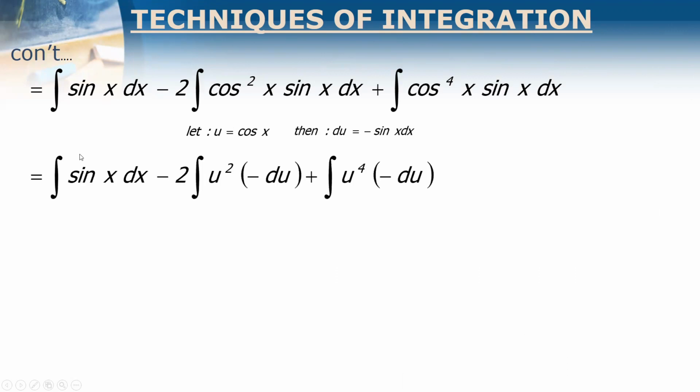Let's substitute. Integral sine x dx minus 2 u squared negative du. Okay? Sine x dx is negative du, plus u to the fourth and negative du. So negative times negative becomes positive, positive times negative becomes negative.